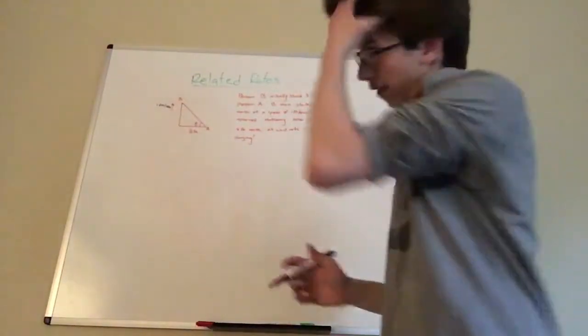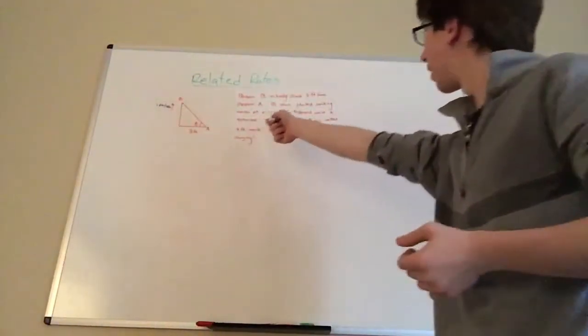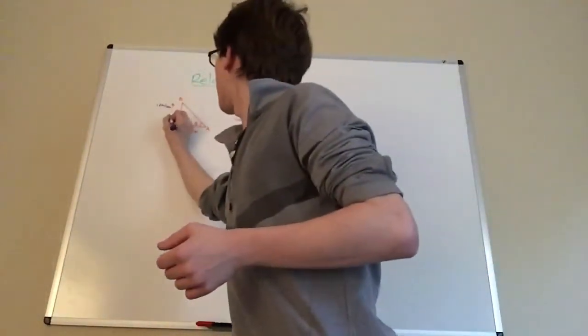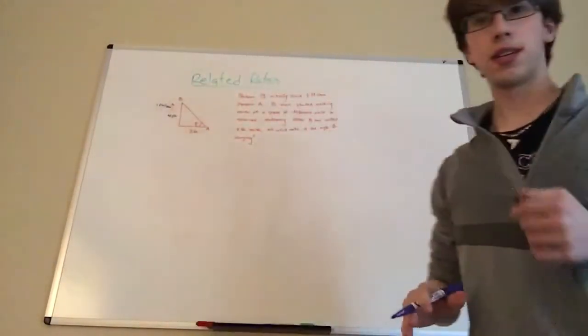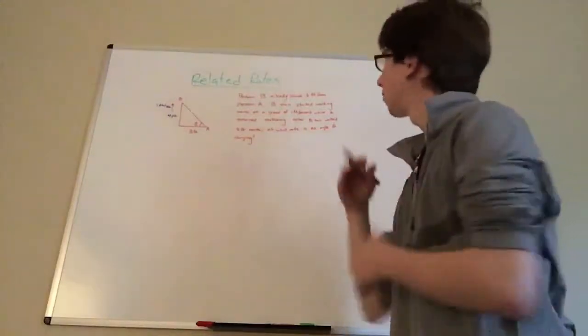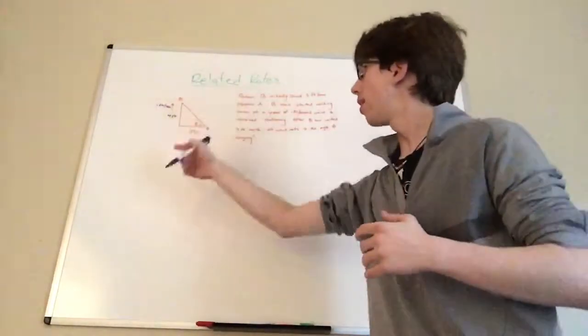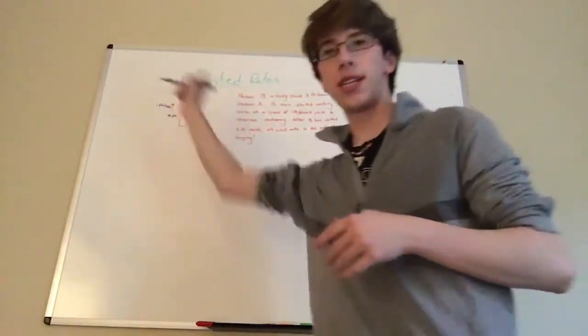And then it says that B has walked 4 feet north. So this distance is 4 feet. Since this distance is 4 feet, we can find theta using tangent.